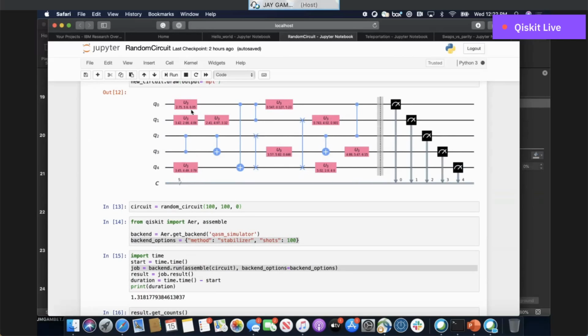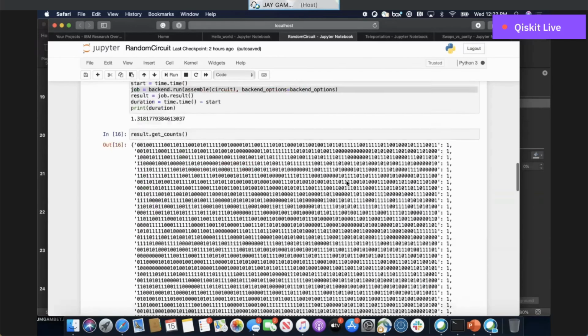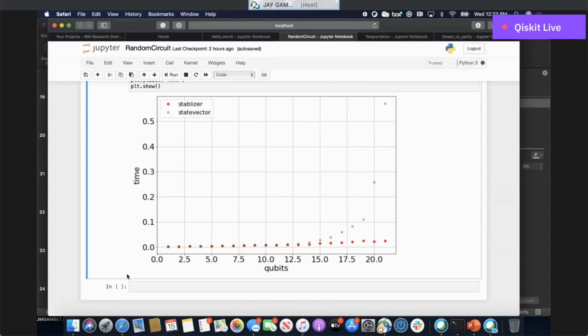Whereas if I was to run this circuit, and what I've shown down here on the bottom is just scaling versus number of qubits, the difference between running the circuits of the first form and the circuits of the second form, you see the difference between an exponential and a polynomial scaling.